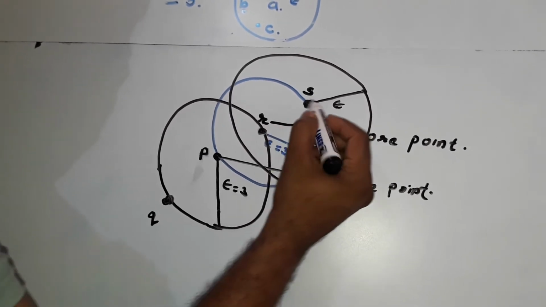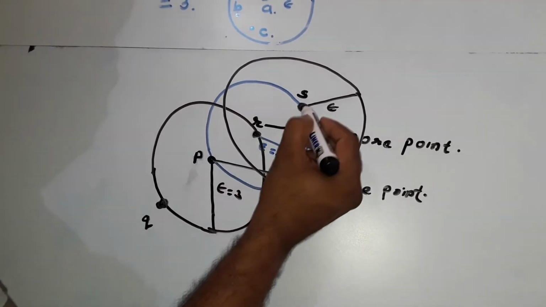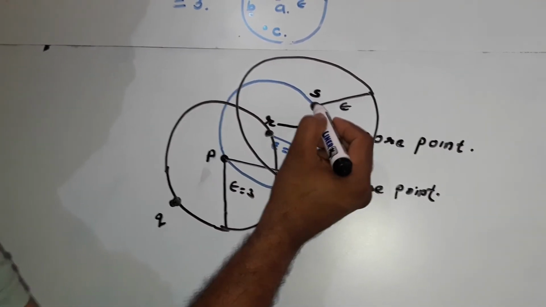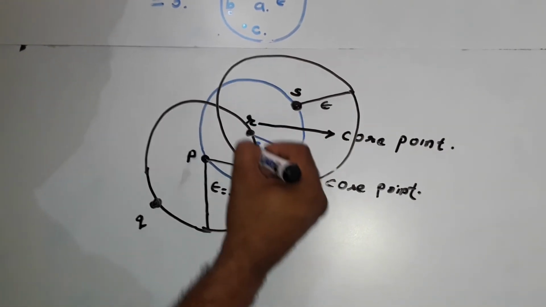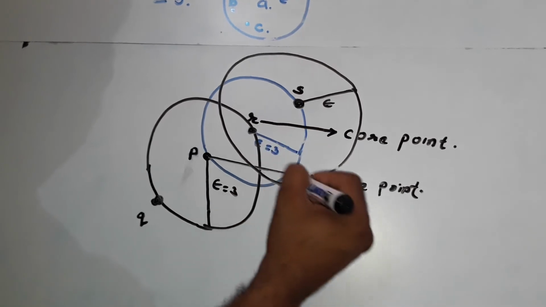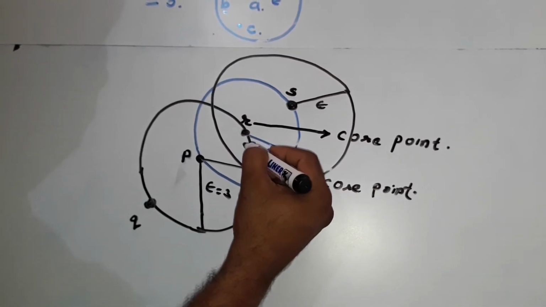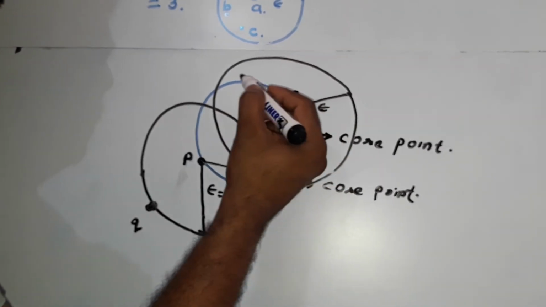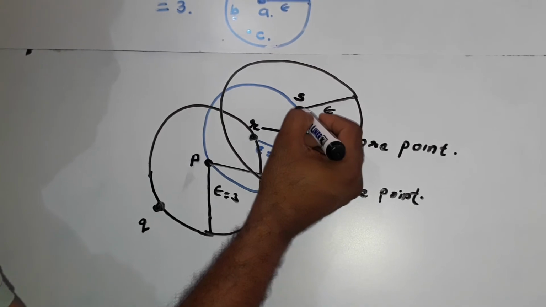And so I cannot call this S a core point, because to call S a core point the initial condition is that there should be 3 data points within the vicinity of the circle, and as we don't have 3 data points, we look at whether S can be called a boundary point or not.